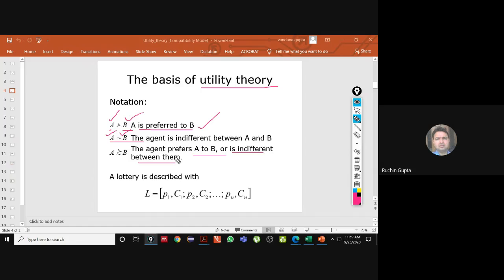So either the agent will prefer A compared to B, or the agent is going to be indifferent between A and B.